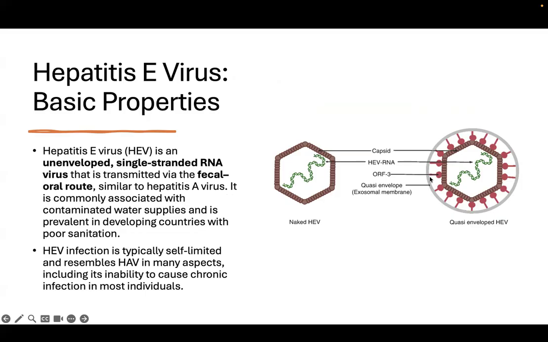This is what we call quasi-enveloped. It's different, but the majority of hepatitis E viruses are naked. The naked hepatitis E virus is very similar to hepatitis A because again, they are non-enveloped, so they are much more resilient to the environment, specifically towards pH.